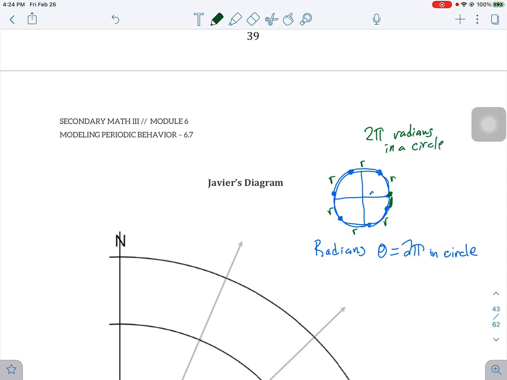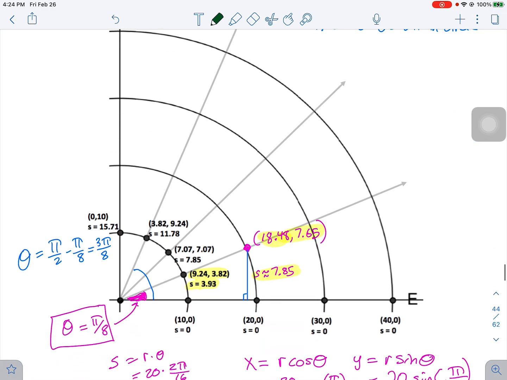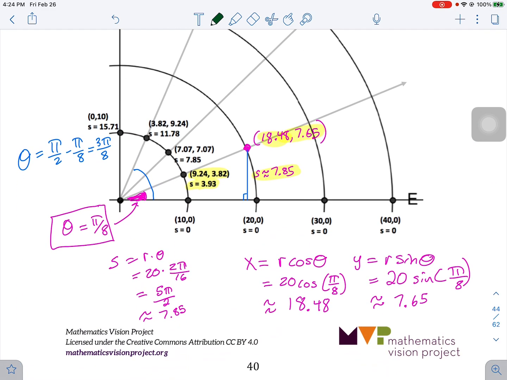And that is the same thing as 2 pi r, which is the circumference. So there's 2 pi in a circle. So we'll use that idea here. So if we want to look at, for example, this first stake here, it's 1/4 of the way of the quadrant, or 1/16 of the entire circle.